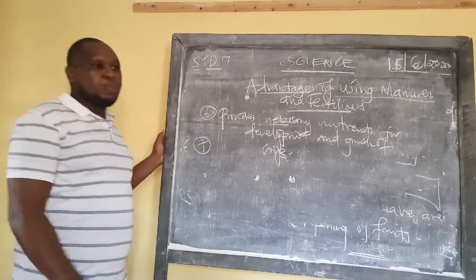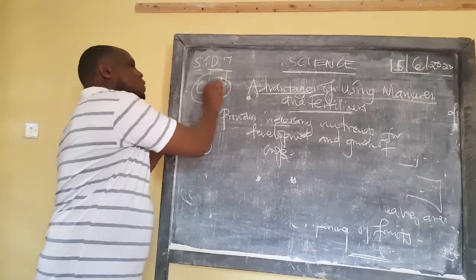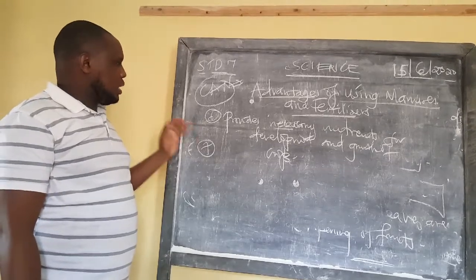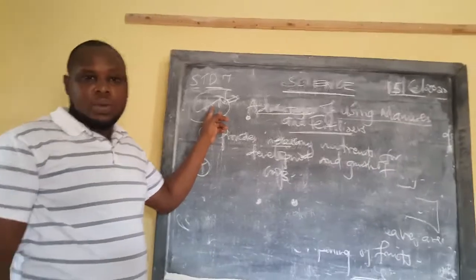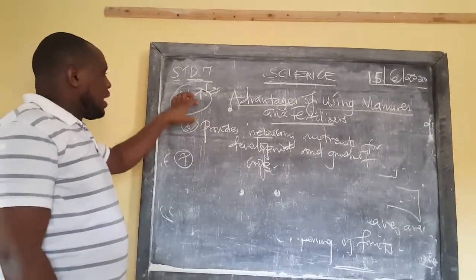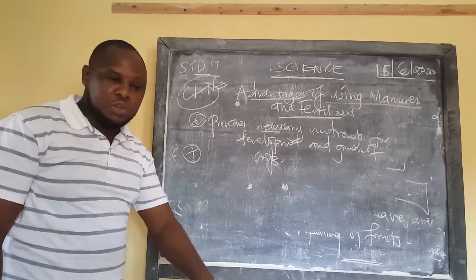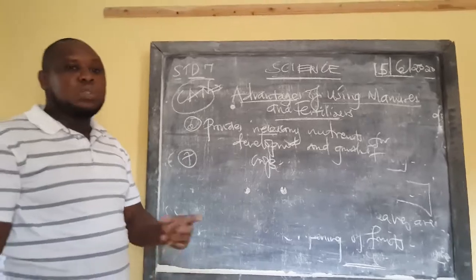If, for example, like I've been talking about the CAN, calcium ammonium nitrate. This one, once used, a plant grows to a height of half a foot, the farmer will start top dressing. Top dressing means that you're applying this fertilizer at the base of the plant. At the base there, you just dig a small trench. You apply the fertilizer, maybe 2 spoons.